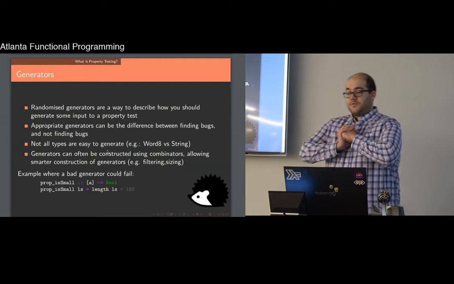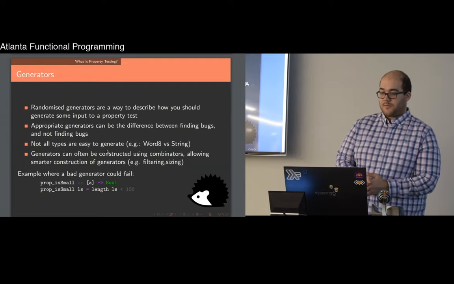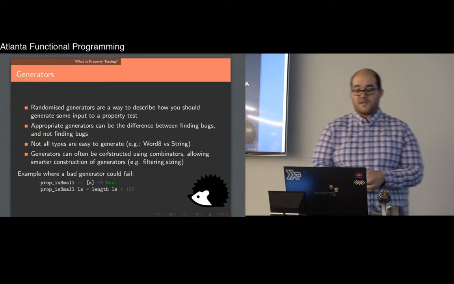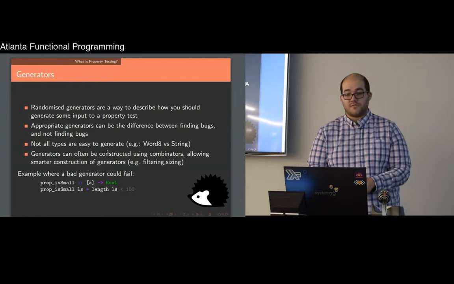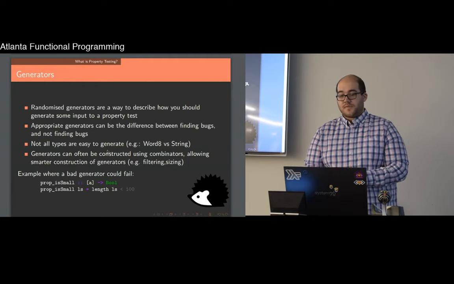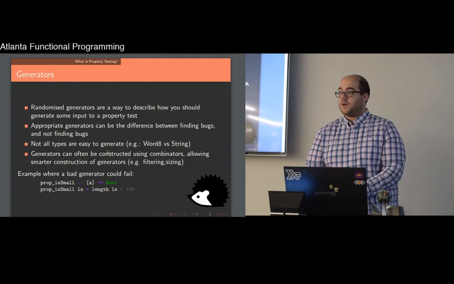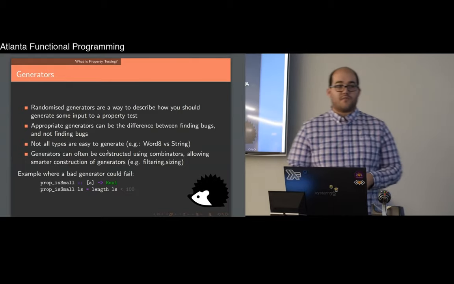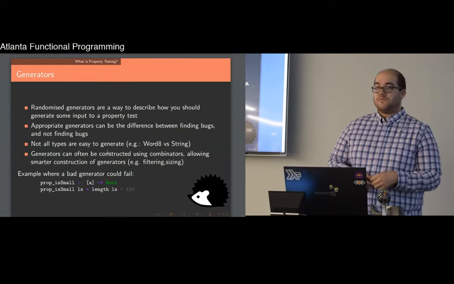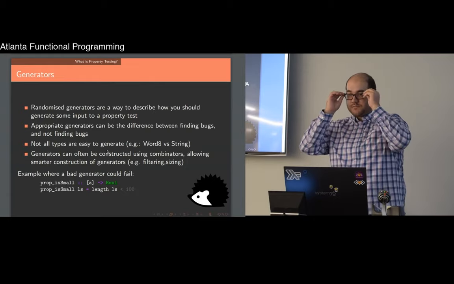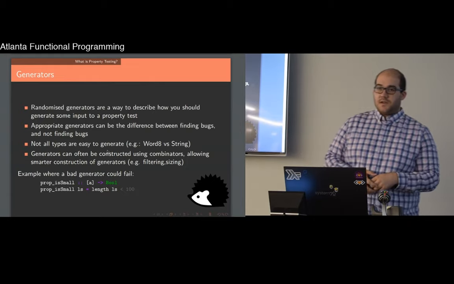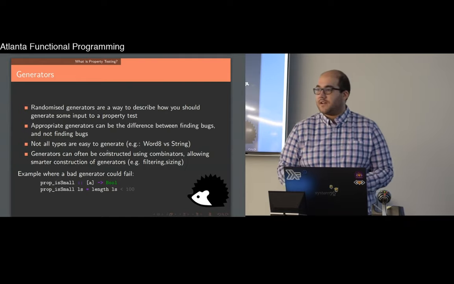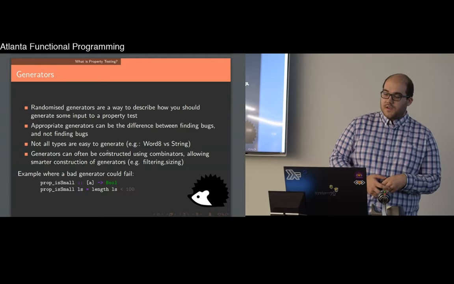In order to talk about property testing, writing good generators and understanding how generators work is actually pretty essential. Most of the time, generators have some sort of randomness, because most input spaces are too large to do anything but randomly generate data.